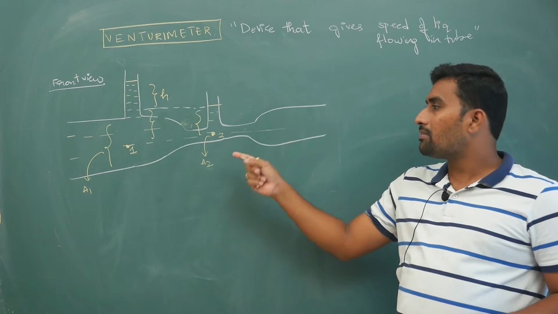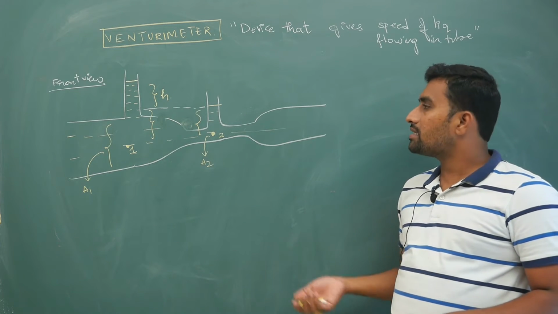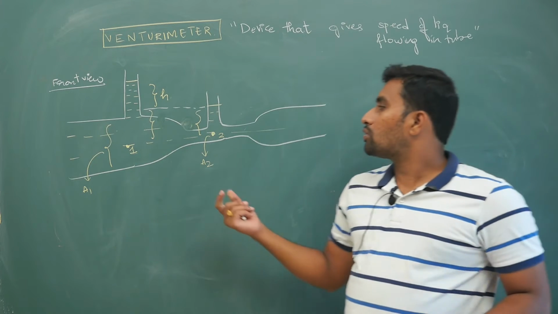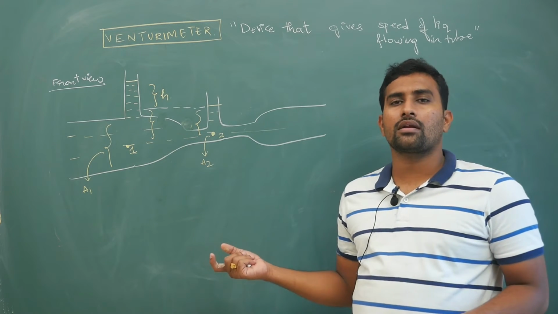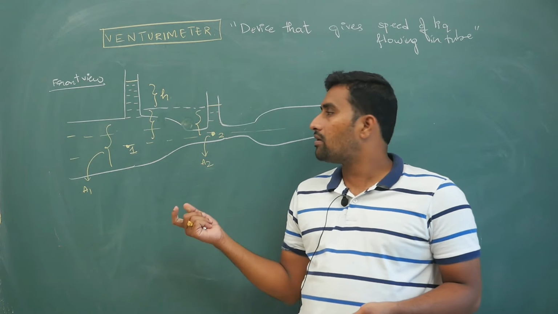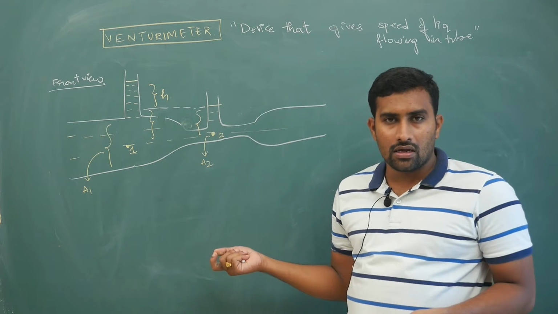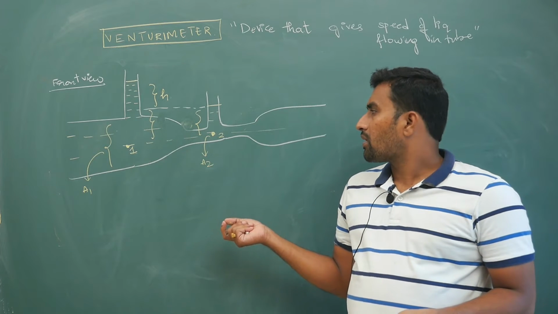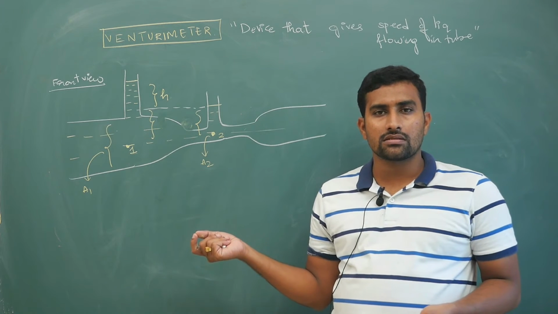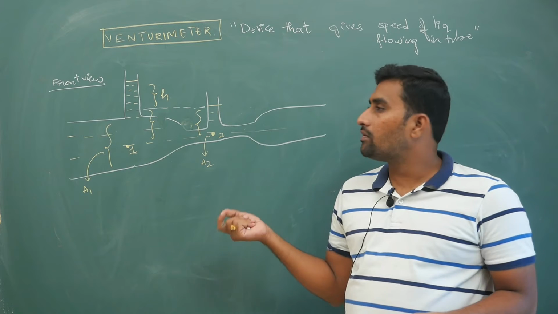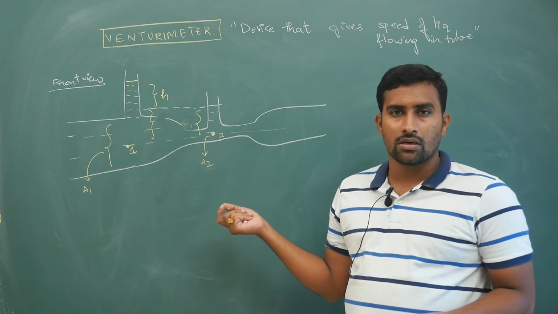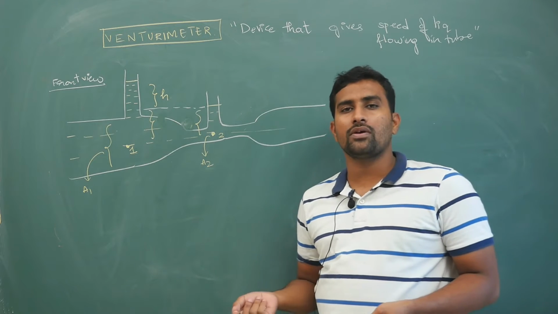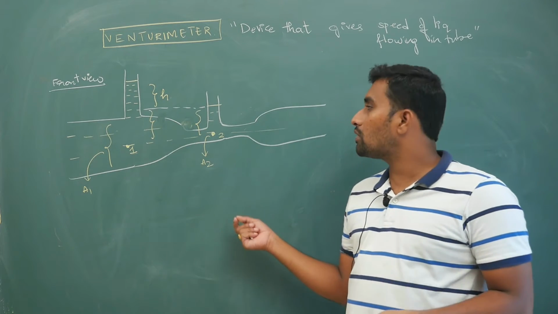For example, if you are transporting crude oil or petrol or diesel through pipes, and there is some leakage at some point, how will you know? From the amount of liquid collected you will know that.